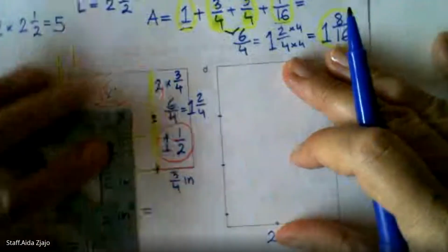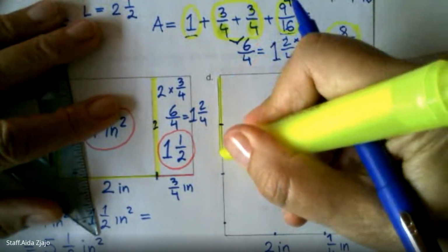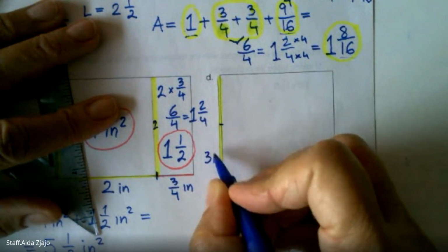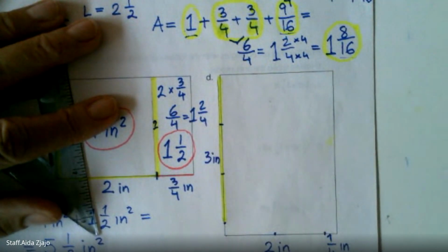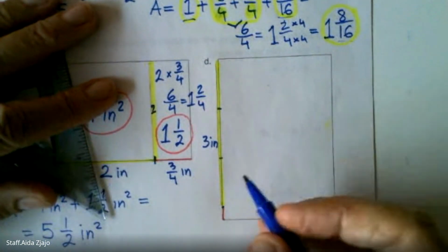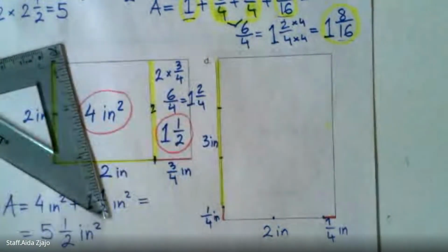So that means this part here is 3 inches. And then this little guy right here is 1 inch, same like this one here, 1/4 inch.